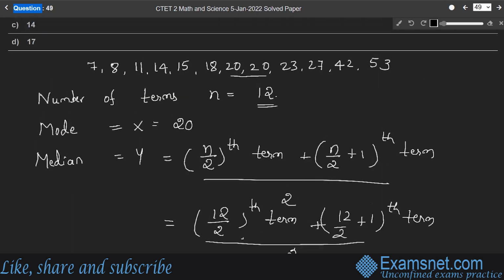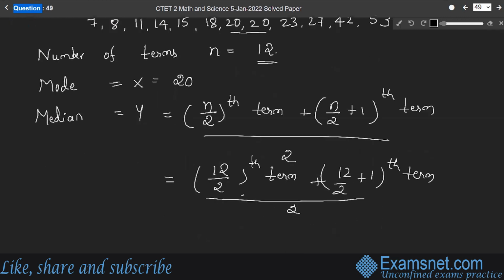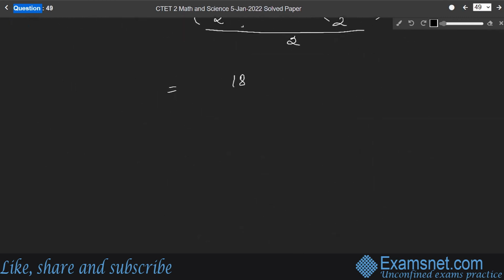What is 6th term? It is 18, and 12 by 2 plus 1 is 7th term, which is 20. 18 plus 20 whole divided by 2, which is 38 by 2, which is 19. So median of the given data is 19.